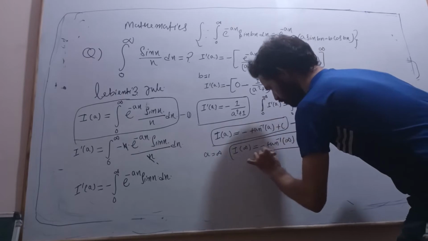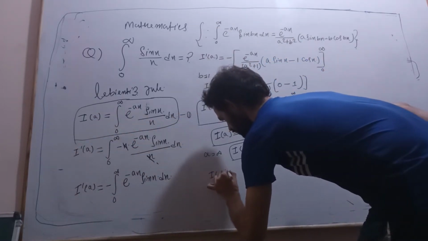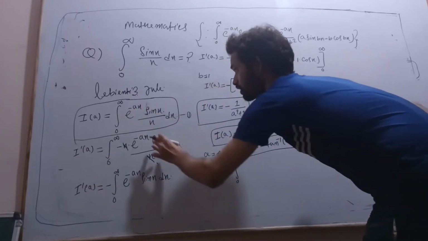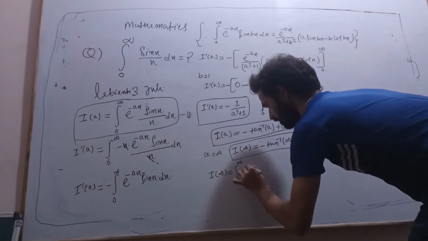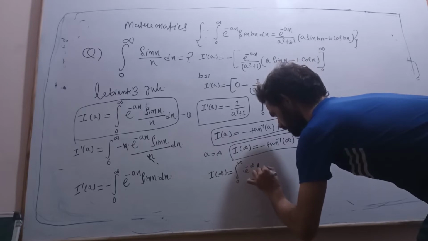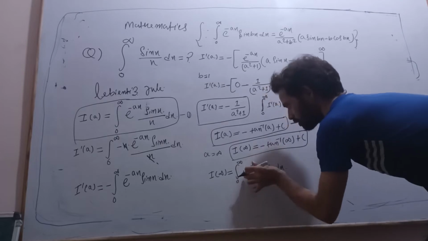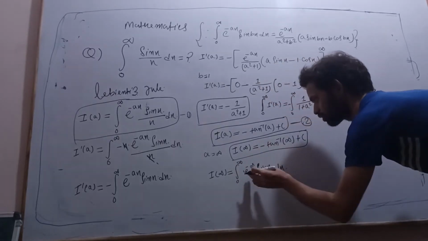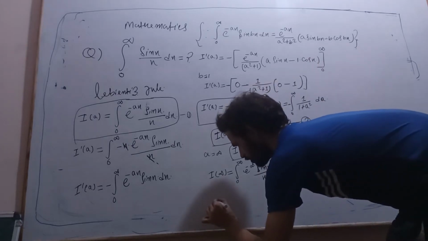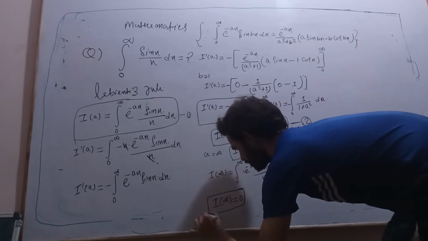Now from the other equation, I of infinity is equal to the integration from 0 to infinity of e to the power minus infinity into sine x divided by x dx. E to the power minus infinity is nothing but 0, so something multiplied with 0 is 0. Therefore I of infinity is nothing but 0.